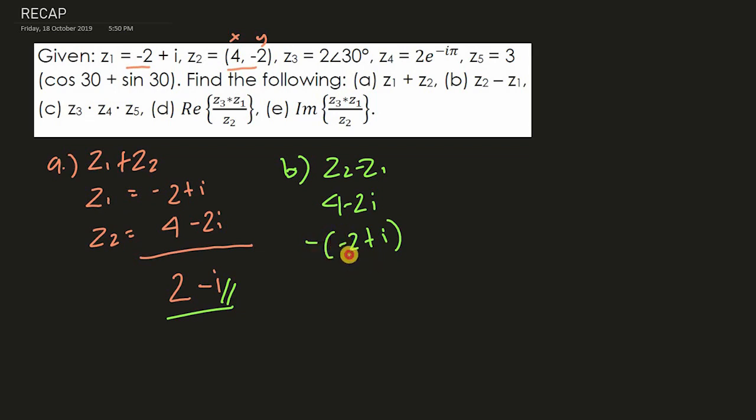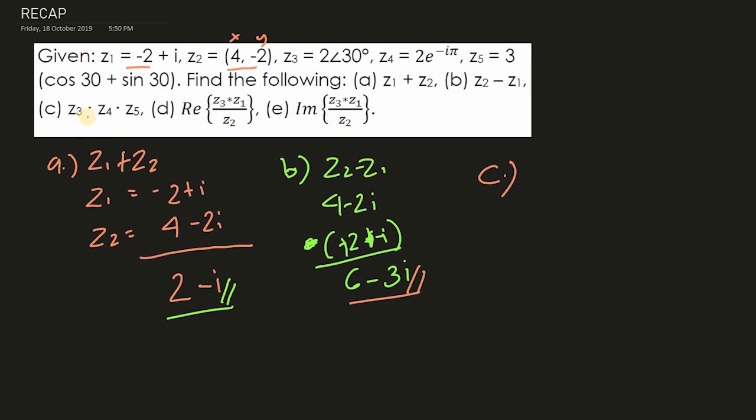That would be positive, and this would be negative. So, mawawala na yan. 4 plus 2 is 6. Negative 2i minus i is negative 3i. So, this is our final answer: 6 minus 3i. Okay, next. Letter C.